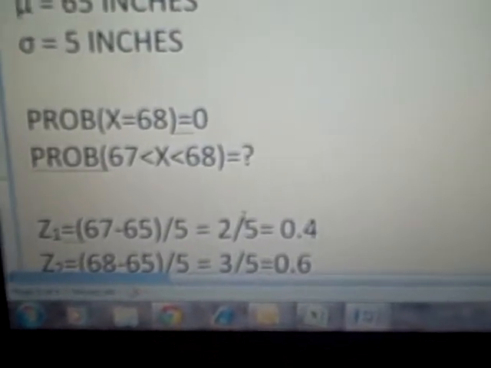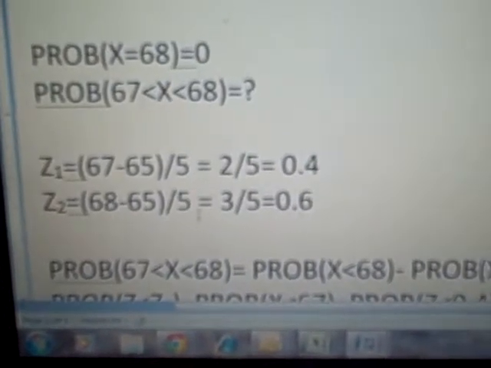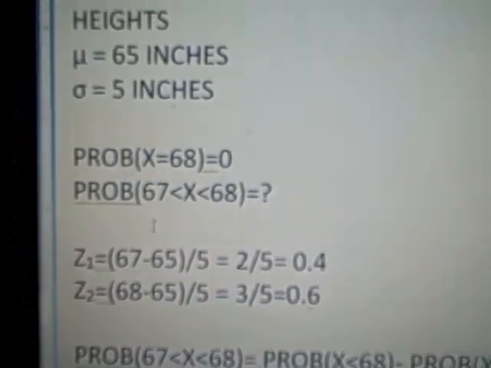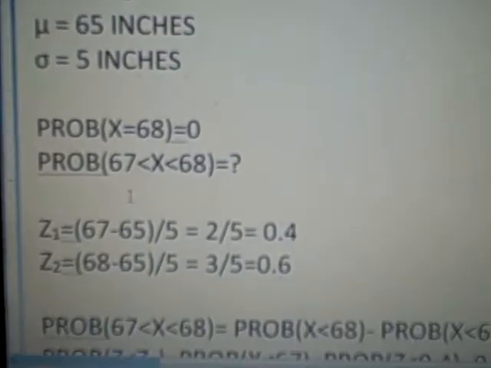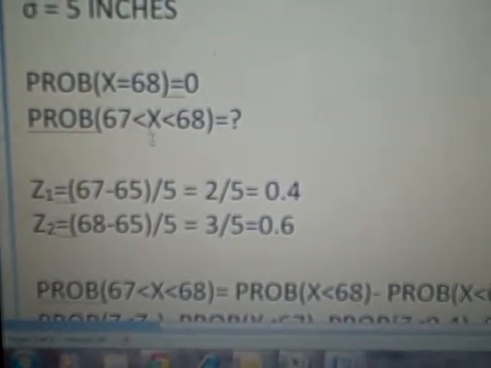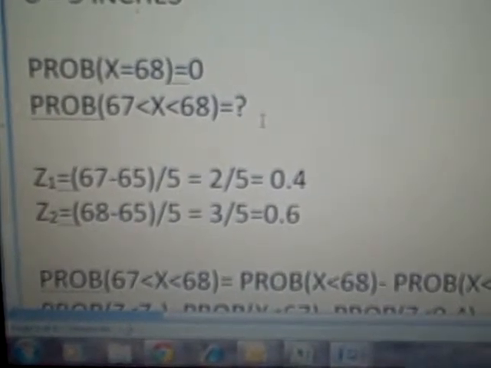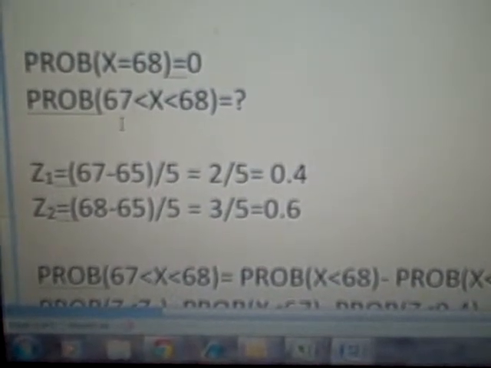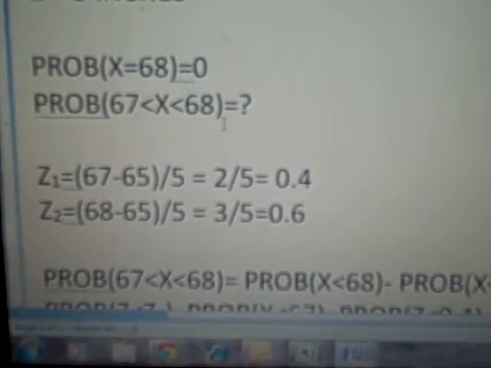Well, what we first have to do is calculate the transformation using the formula z equal x minus mu over sigma. So the first z is 67 minus 65 over 5, which is 2 over 5, which is 0.4. The second z2 is 68 minus 65 over 5, which is 3 over 5, which is 0.6.